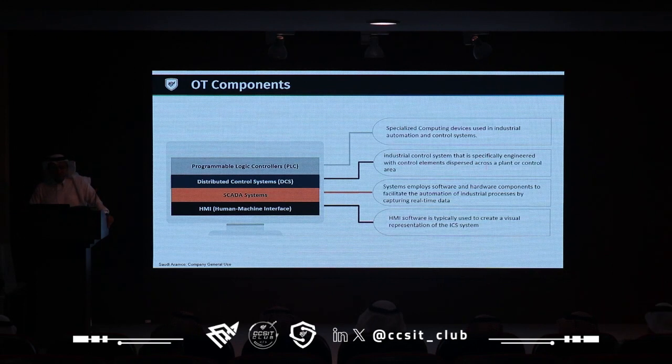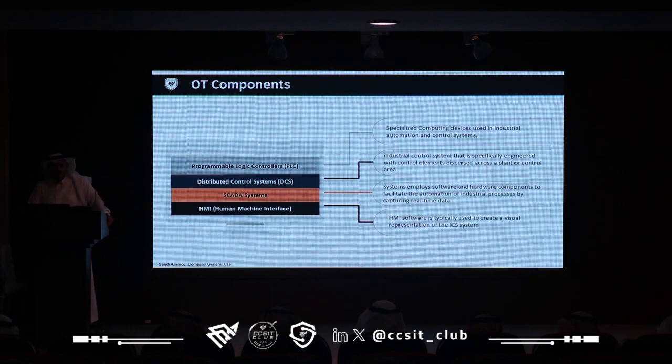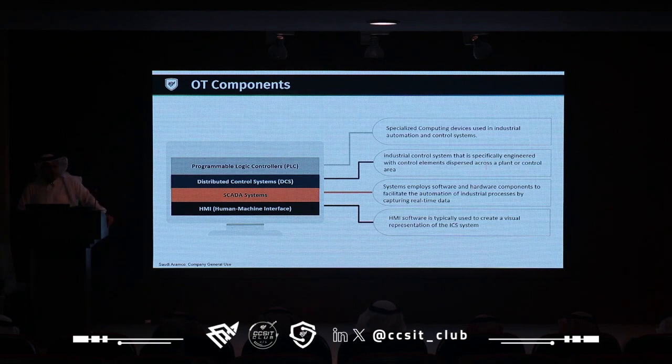Also, we have the SCADA system, which is different: supervisory control and data acquisition. It has more systems, hardware and infrastructure that facilitate the automation of industrial processes by capturing real-time data.